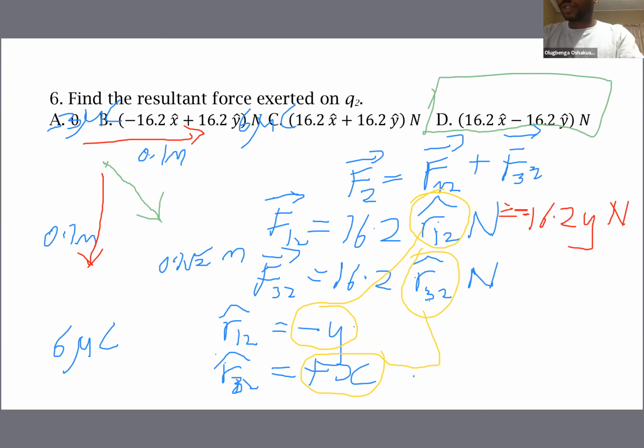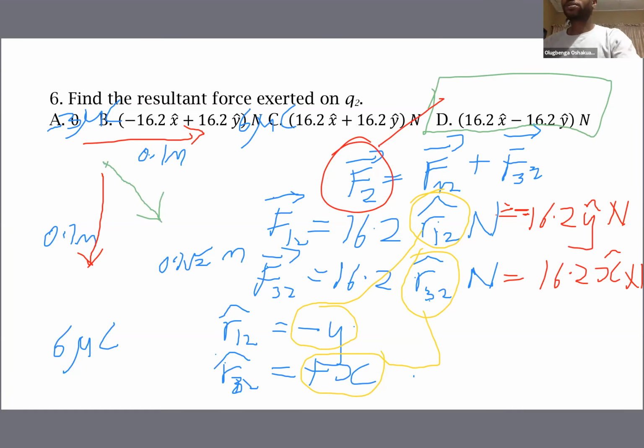So take note of the minus 16.2 y, and this F32 to be 16.2 x newtons. The x and y are directions, so they are unit vectors. And adding F12 to F32 to give us F2 will also give us option D, which is 16.2 x caret minus 16.2 y caret.